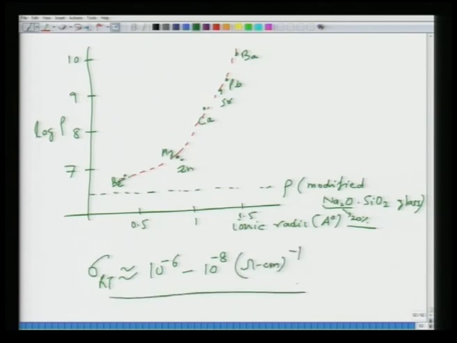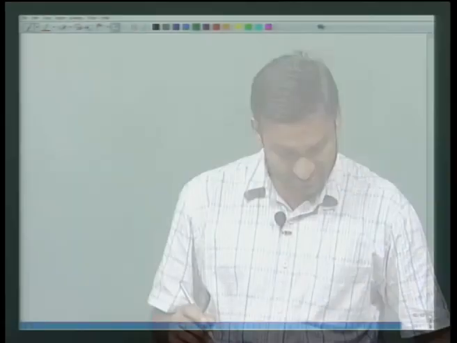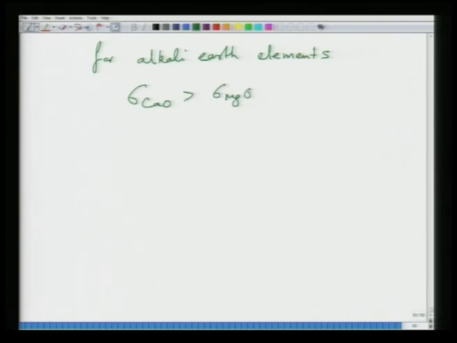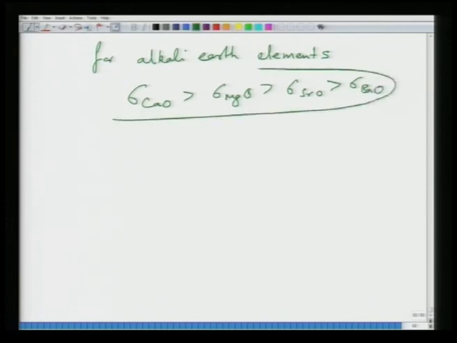So this is the typical conductivity of the silicate glasses at room temperature, whereas for alkali earth elements, sigma CaO is larger than sigma MgO, which is larger than sigma SrO, which is larger than sigma BaO. This is a typical trend, but the differences in this case are smaller as compared to alkali ions.